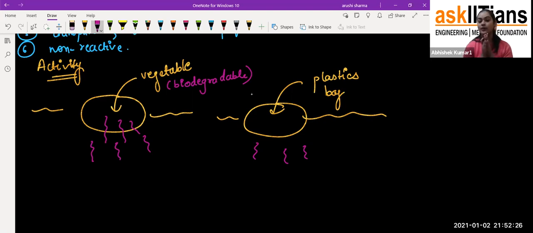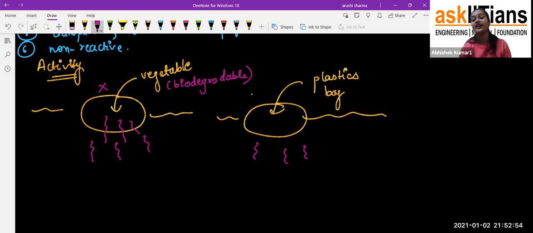If you dig the pits, put vegetable peels in one and a polythene bag in the other, and after 10 days I ask you to dig the pit again, you will find there are no vegetable peels there, because they have been eaten up by the microorganisms. That is why they are biodegradable, because they are decomposable in nature.